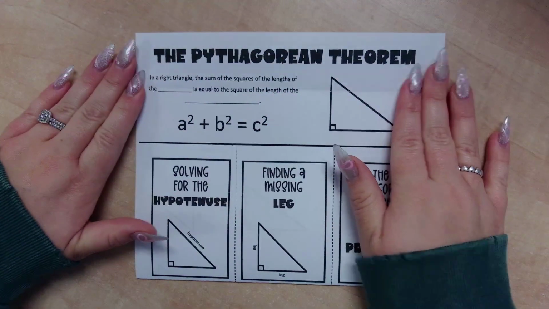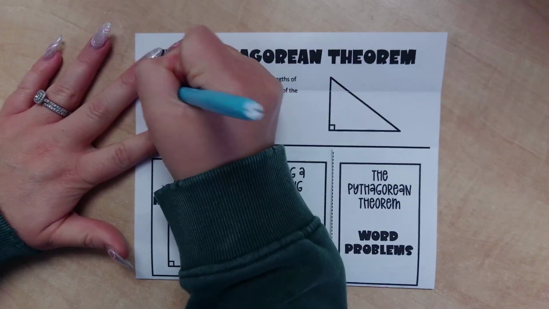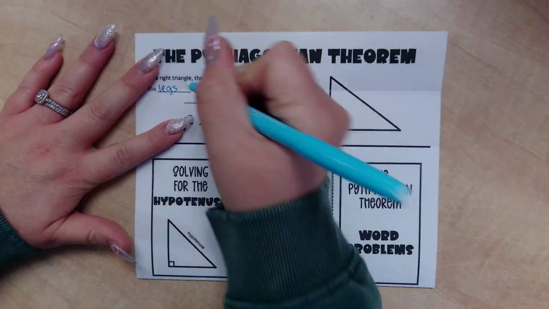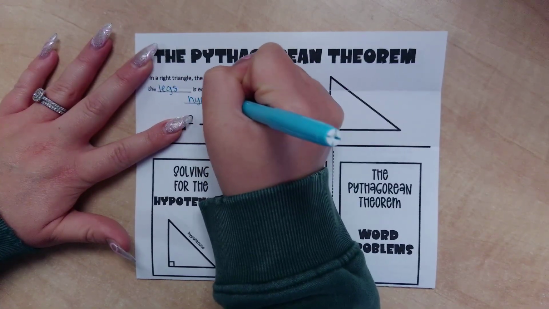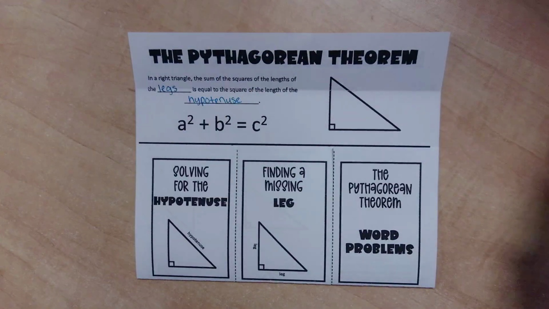The Pythagorean theorem: in a right triangle, the sum of the squares of the lengths of the legs is equal to the square of the length of the hypotenuse. Now, I want to talk about some of these words. First, I want to start out with this piece.